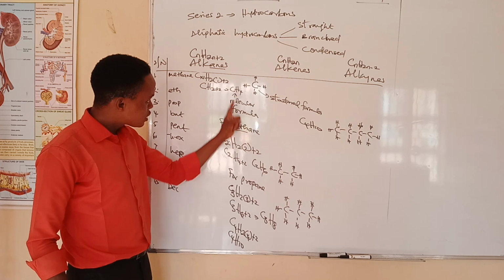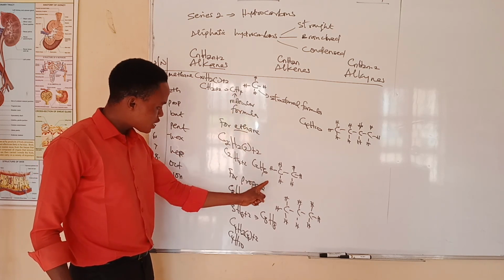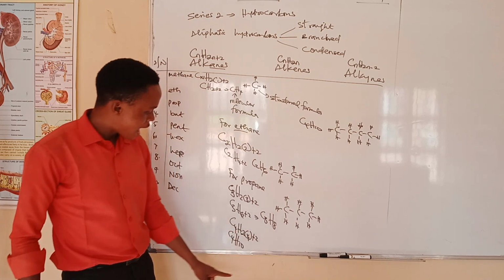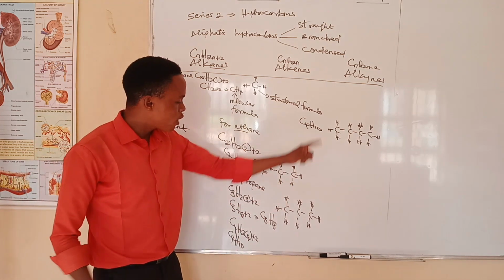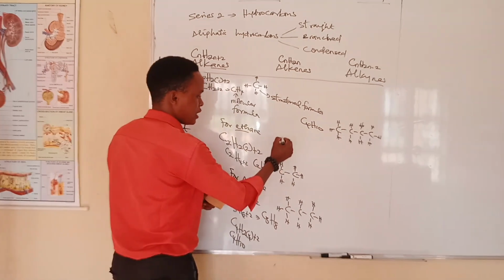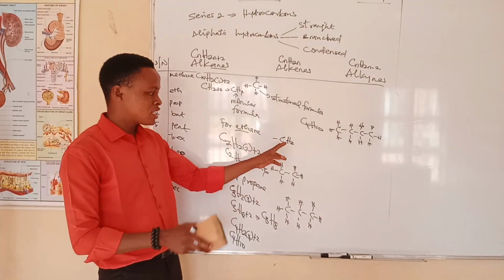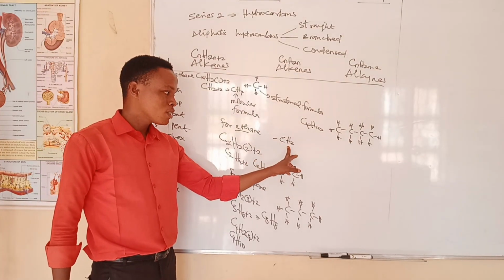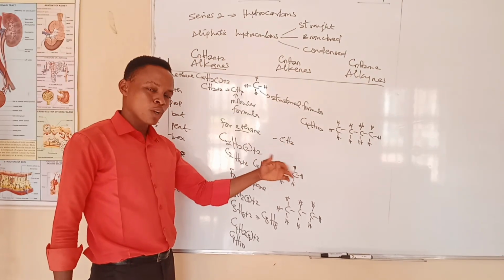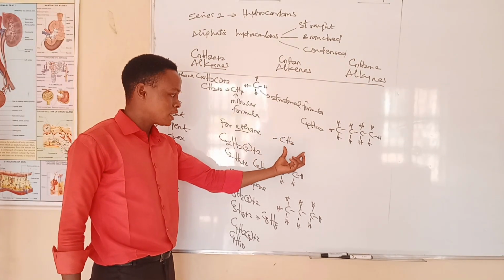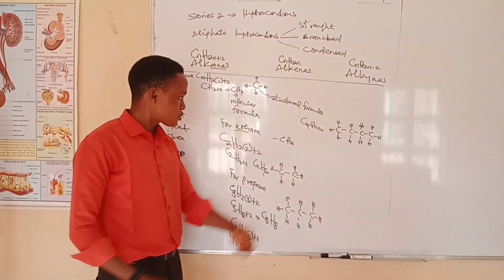So CH4, C2H6, propane C3H8, and butane C4H10. So there is a difference in this. That difference is CH2. This we are going to talk about, like I said, keep following us in this series. We are going to talk about this difference, how it came about.